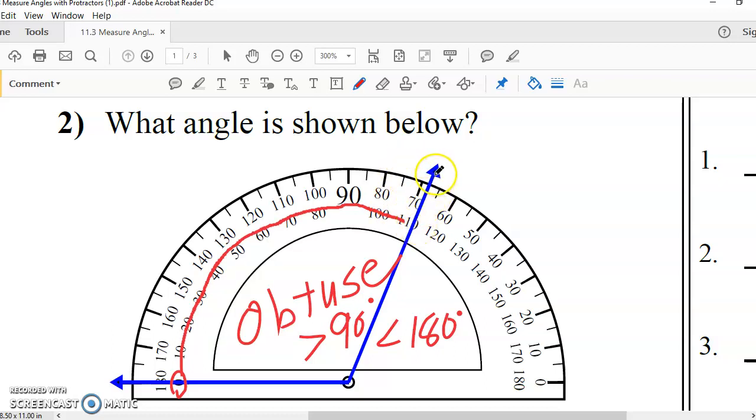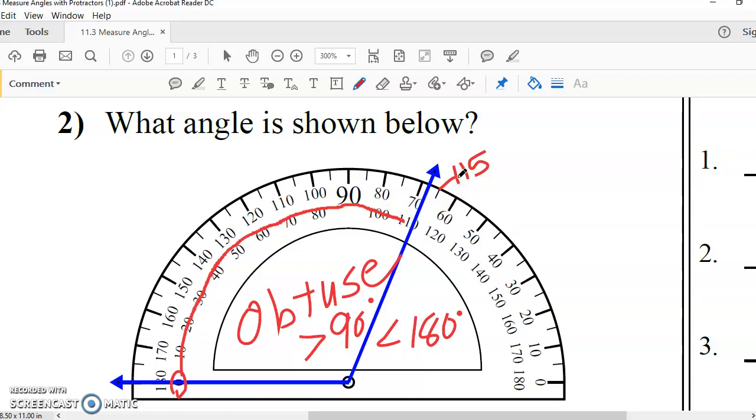Now, look at where my ray is. It's not exactly on 110. That means it's going to be a little more than 110, a lot less than 120, not even close to that. This halfway point here is halfway between 110 and 120, which is 115, just right there.